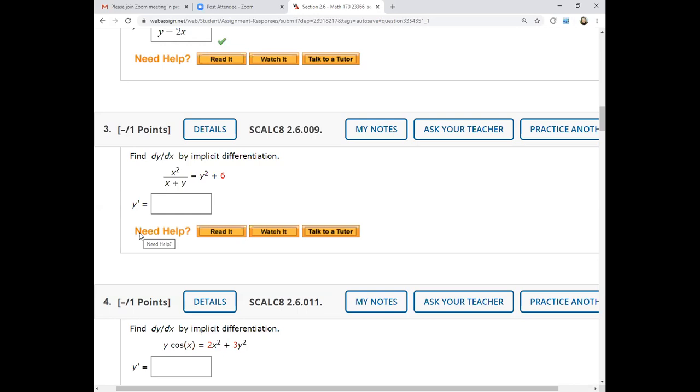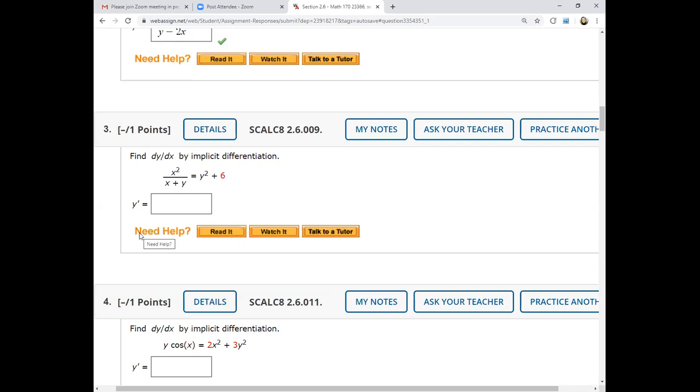So I have parenthesis x plus y times the derivative with respect to x of the numerator, x squared, minus x squared times the derivative with respect to x, open parenthesis, of x plus y, all over the quantity x plus y squared. Okay, so that's just the first term.